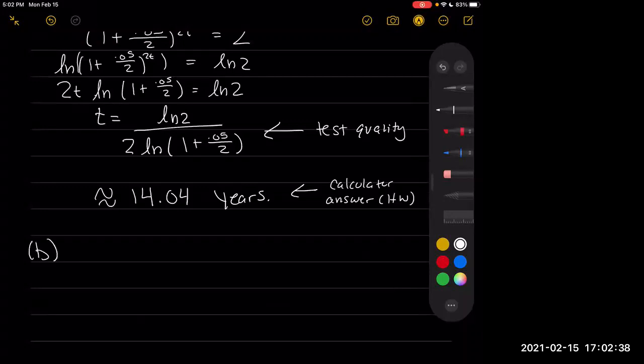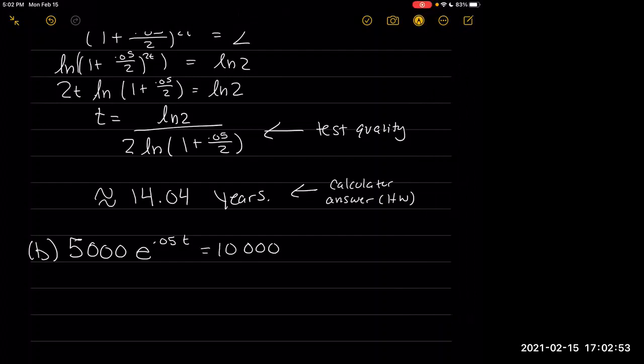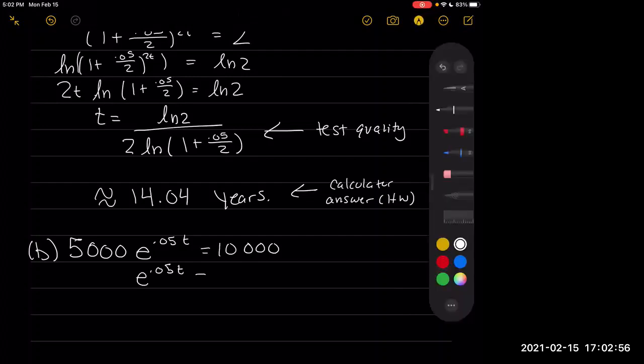So using our continuous interest equation, we have 5,000 e to the 0.05t equaling 10,000. We divide both sides by 5,000, so we get e to the 0.05t equaling 2. And now this one we will definitely want to use the natural log because our equation has e in it. So if we take the natural log of both sides, we end up with 0.05t equaling the natural log of 2.